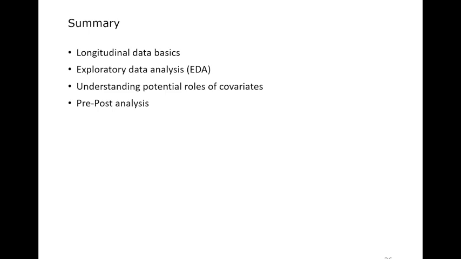For example, in a cross-sectional study, you cannot identify a mediator. But in a longitudinal study, you can identify a mediator, because a mediator always happens after exposure. It is in the causal pathway between the initial group assignment and the ultimate outcome. In a cross-sectional study, you can never provide evidence that something is the true mediator.